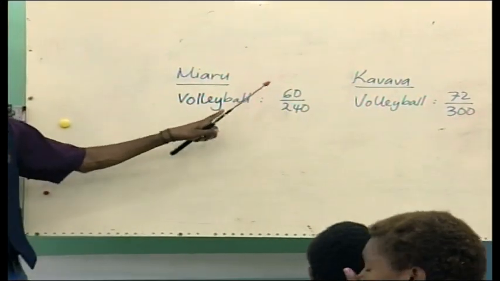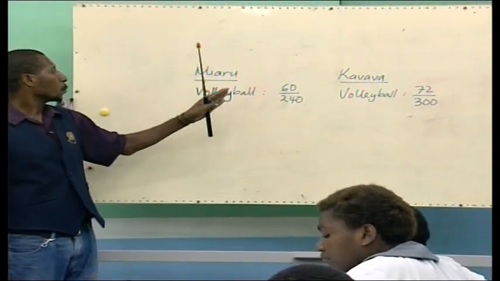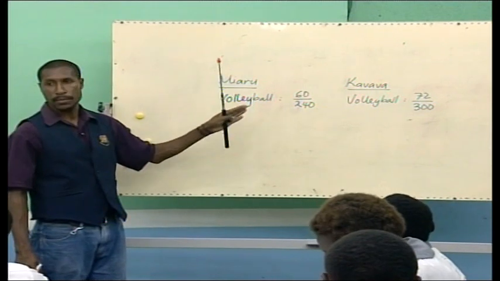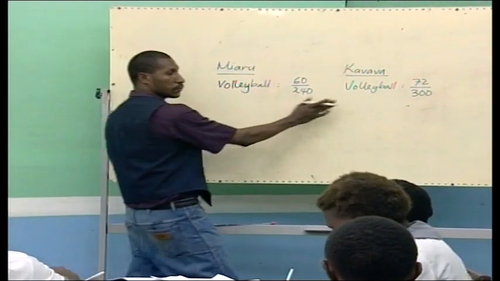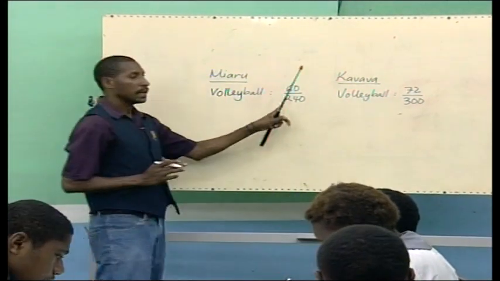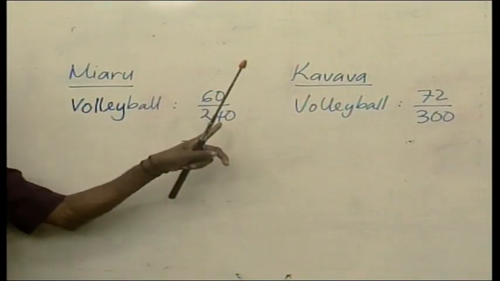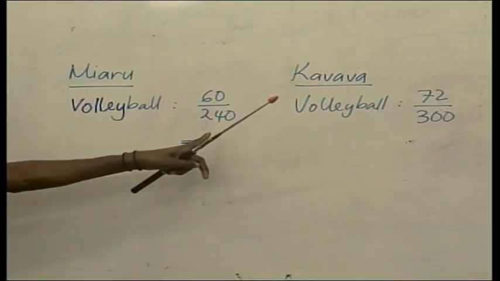Okay, let's find the proportion of which village likes volleyball the most, according to this information here. Now, what do we do here first? Let's simplify this. It is now in fraction.